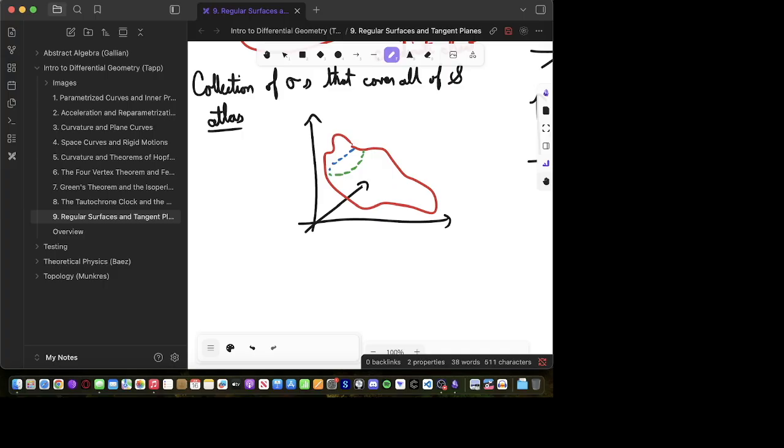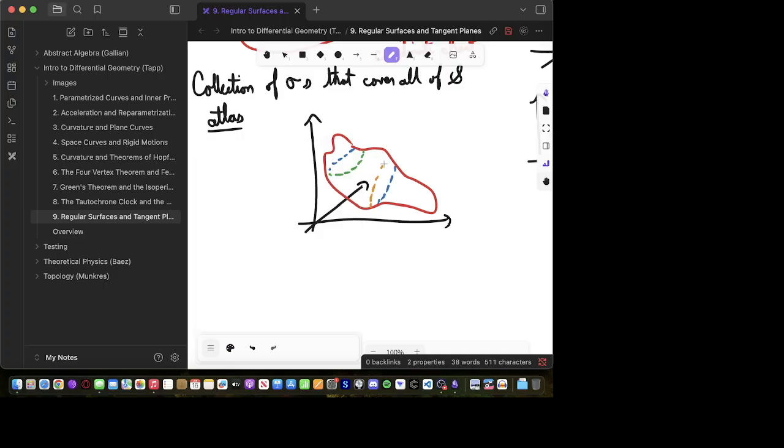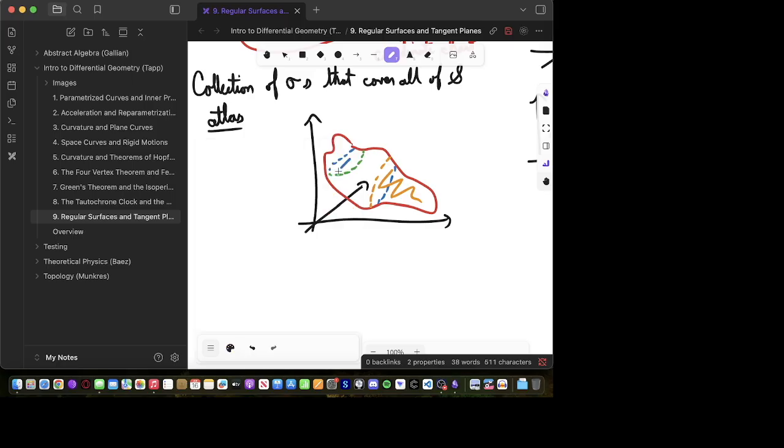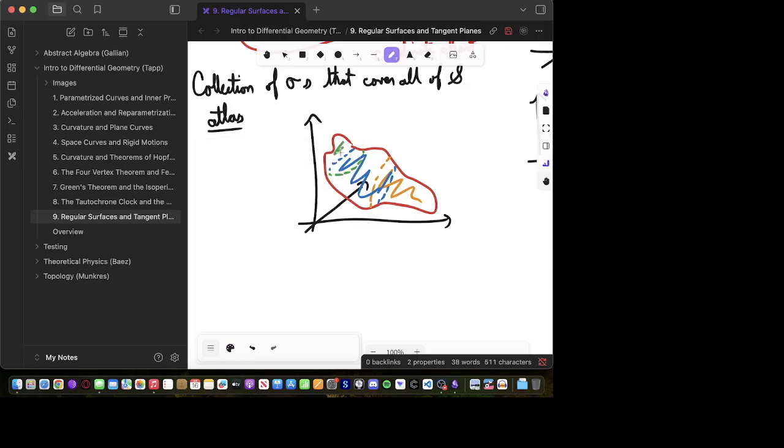And then maybe an open set like that, and finally an open set like that. So all of this is in there, all of this is in here. This is a very bad drawing, but I'm trying to convey it. This is an example of an atlas.